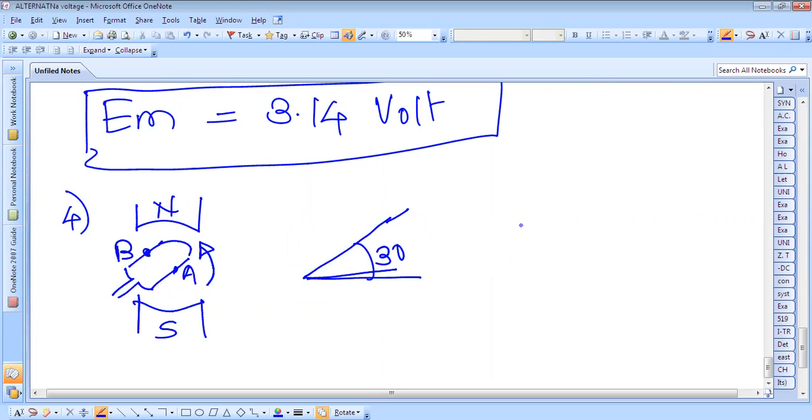So what is theta? Theta is equal to 30 degree. And therefore, we have to put this value.